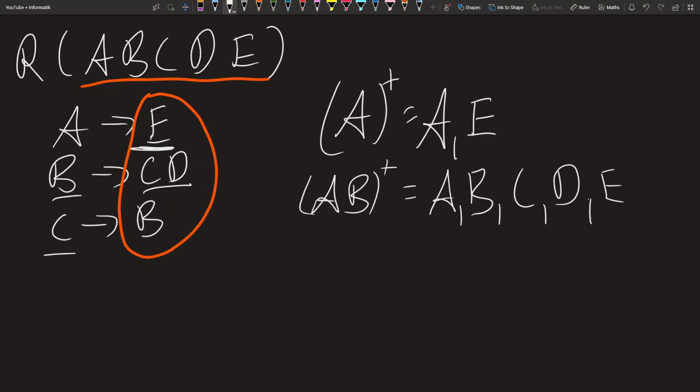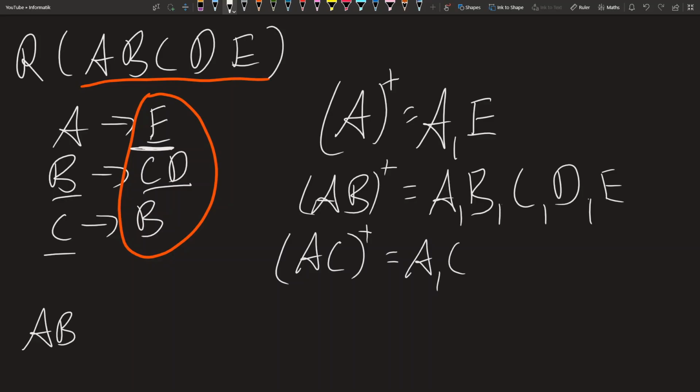So the first candidate key is AB, but this time we need to look if there's more. So let's try A with C. And there again we have AC.